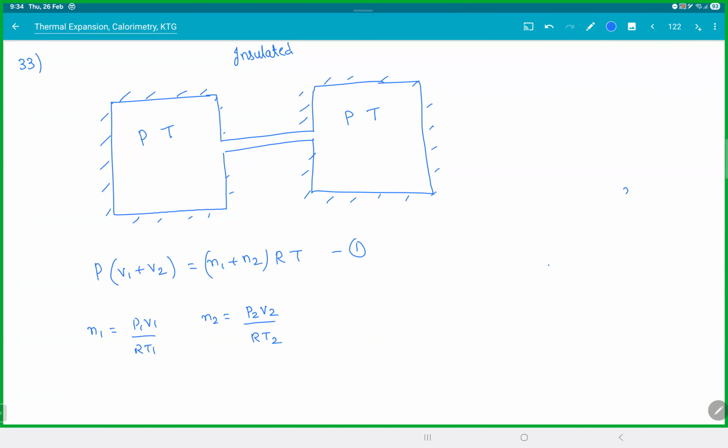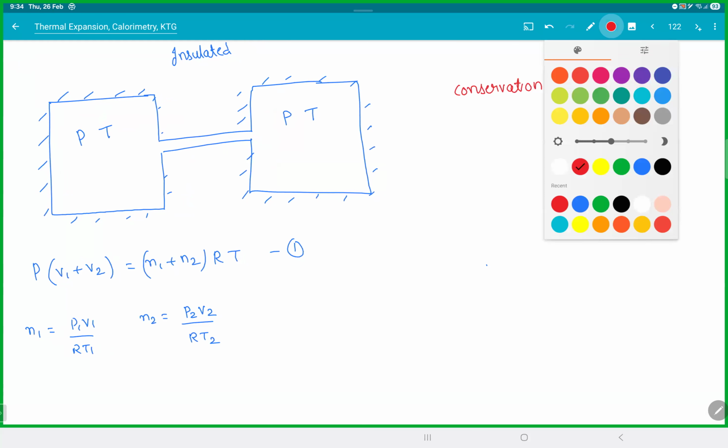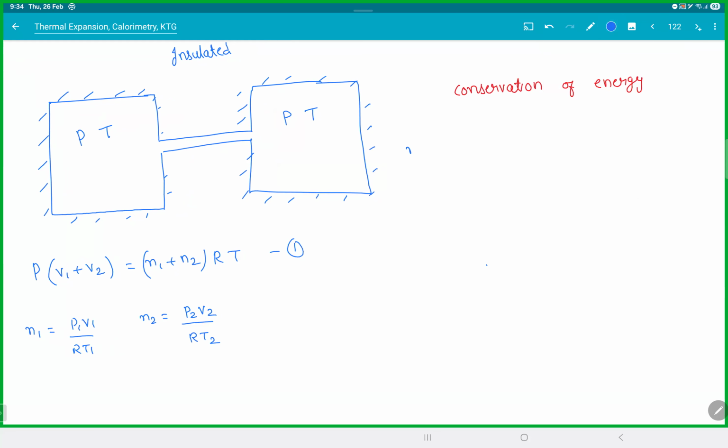Now, if you see, we actually have two variables, P and T. The second thing, conservation of energy. So what is the initial energy of the thing? N1 f1 R by 2 T1. So that is the formula for the gas, f1 by 2 N1 RT.